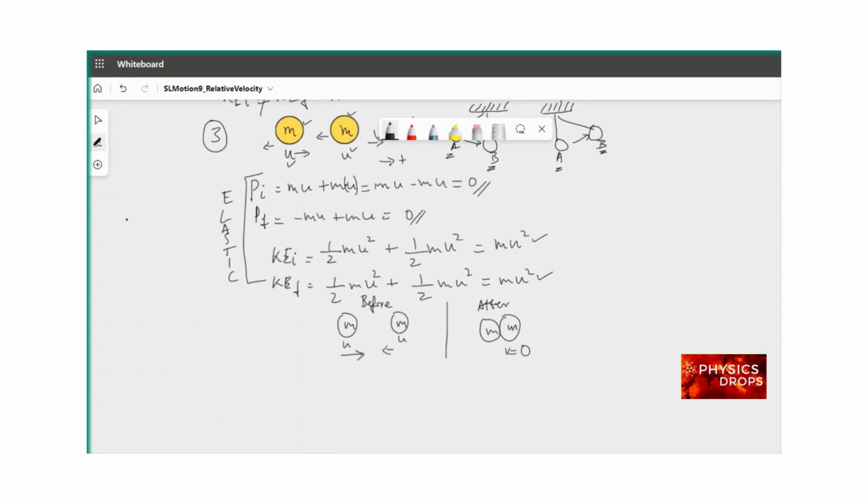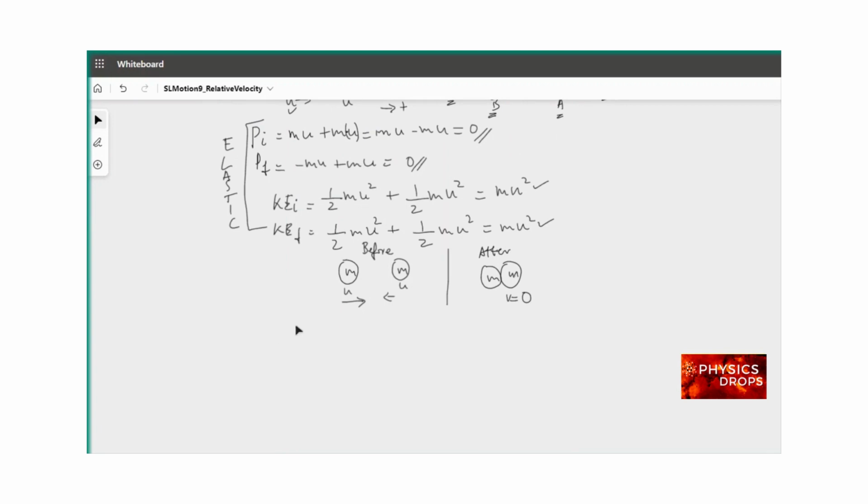So now let's calculate the same momentum and energy in this case. This is inelastic, right? The initial momentum, the final momentum, kinetic energy initial and kinetic energy final. So the initial momentum, as we can see here, is mu, if this is positive, then minus mu for the other one.